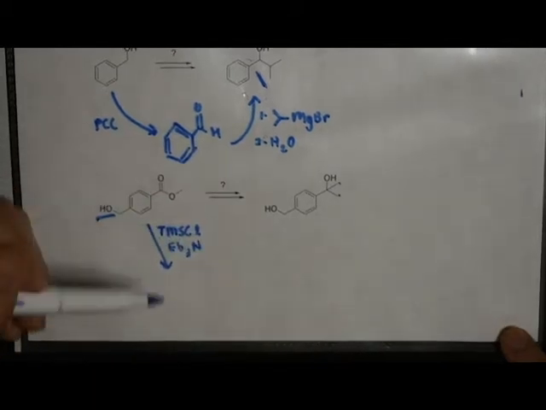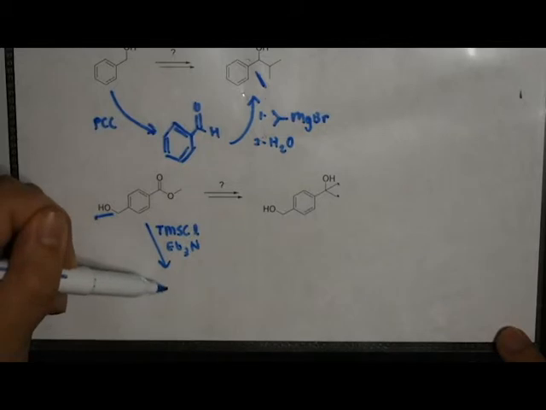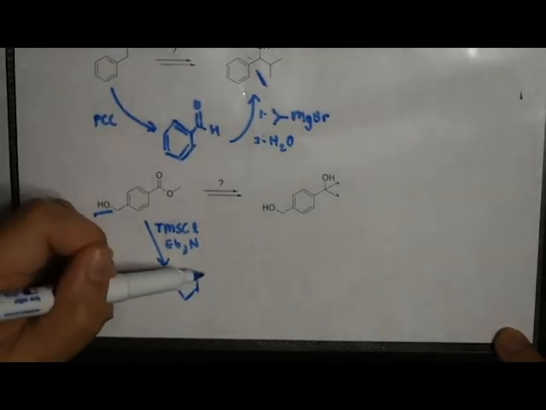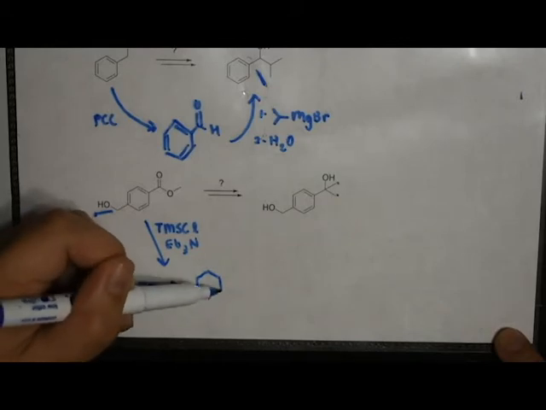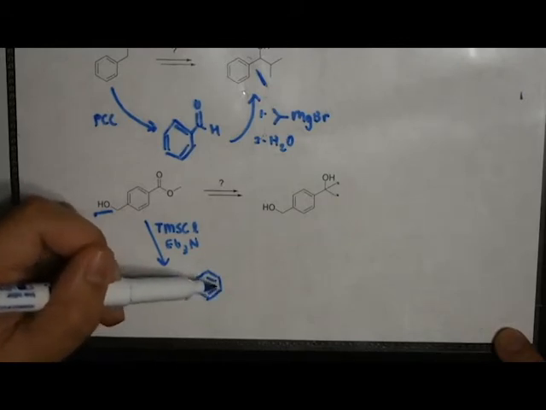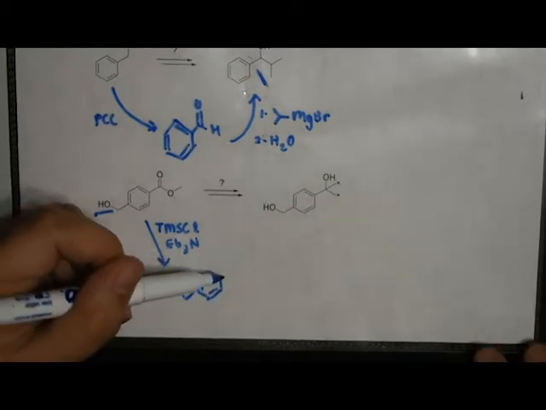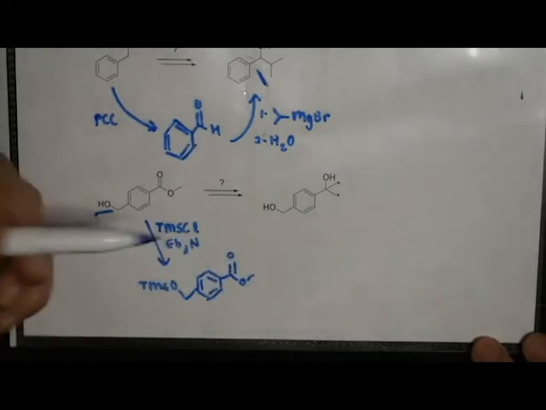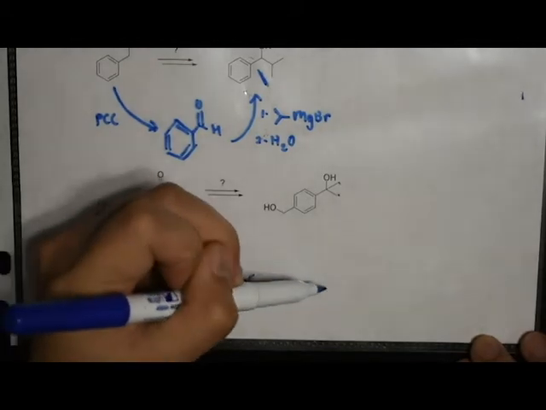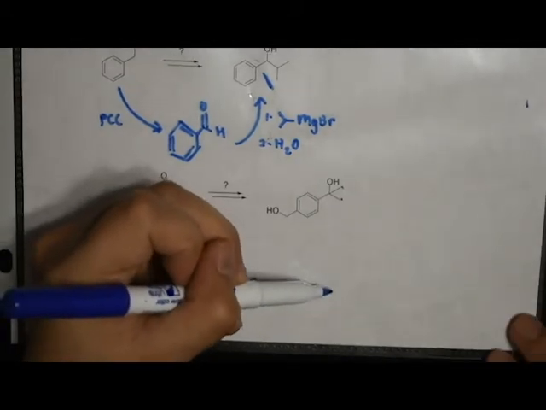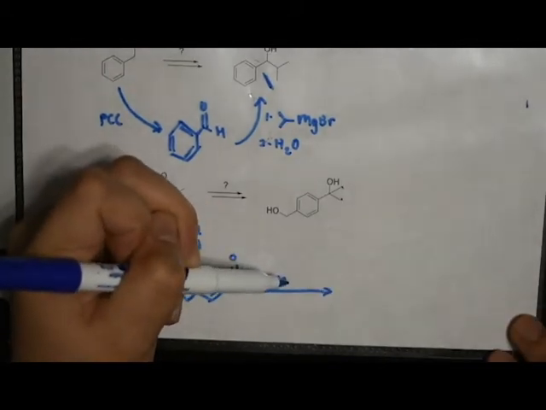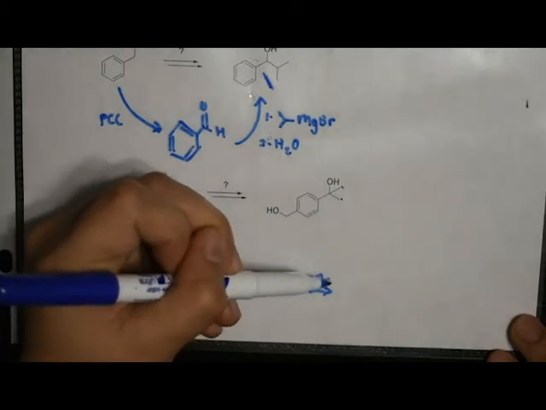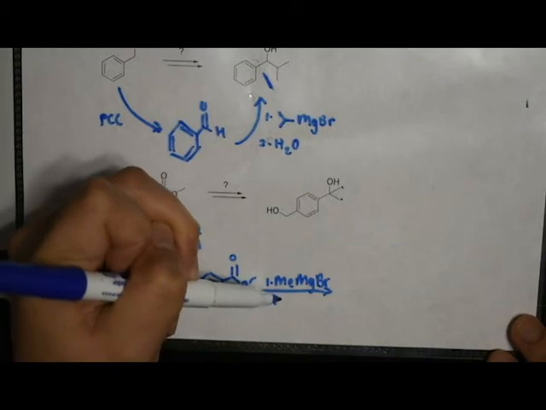And that gives us our TMSO. And then from then on, you can put in your Grignard reagent, and you know that you're adding a methyl group, so that'll be MeMgBr, and then our workup step.